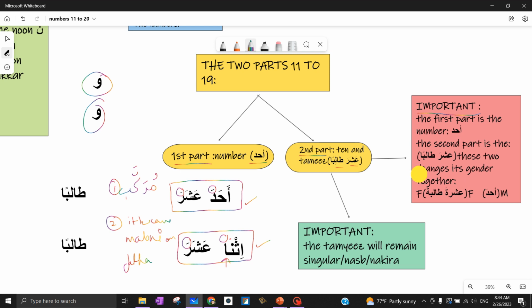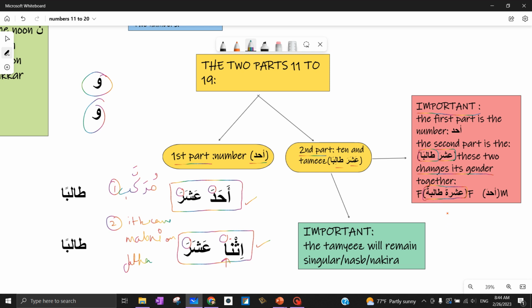Now this is the important point that I was referring to before. Why did I make these two the second part? Because when changing the gender, from number 13 to 19, the ashara and the taliban, which is the tamiz, together change gender. That means ashara taliban is our part to decide whether the number is for male or female.